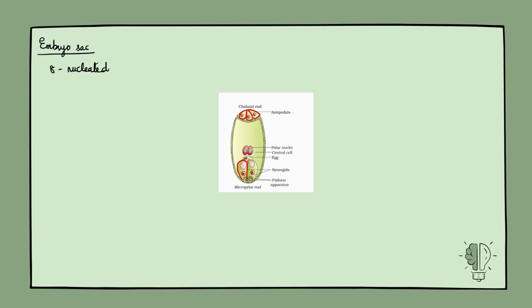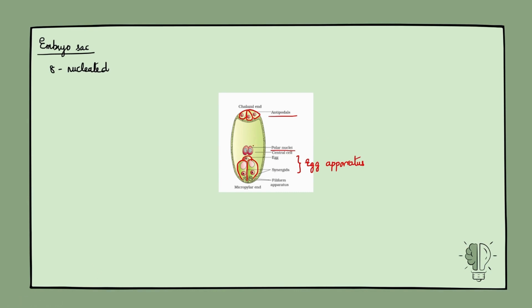And the remaining 2 nuclei are called polar nuclei. Now the cells at the chalazal end are called antipodals, and at the micropylar end there are 2 synergids and an egg cell. Together it is called the egg apparatus.